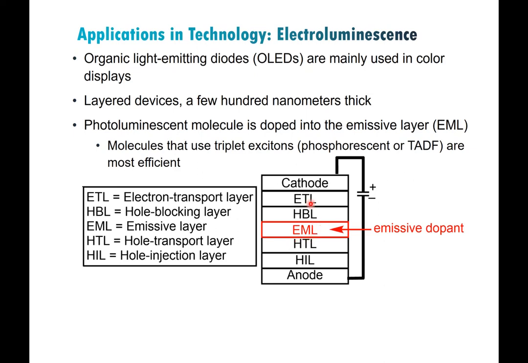So these complex layering structures that you often have in OLEDs are usually designed to maximize efficiency by getting as many of your excitons as possible into the emissive layer before they recombine. So you basically want to prevent recombination and get efficient transfer to that center layer. And that's where your emissive dopant is going to be.